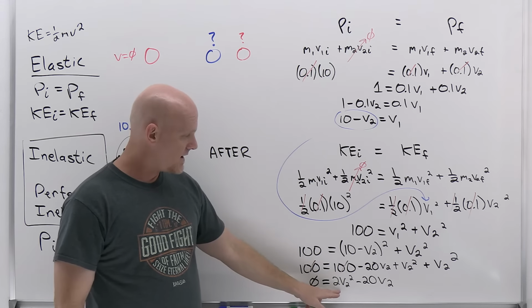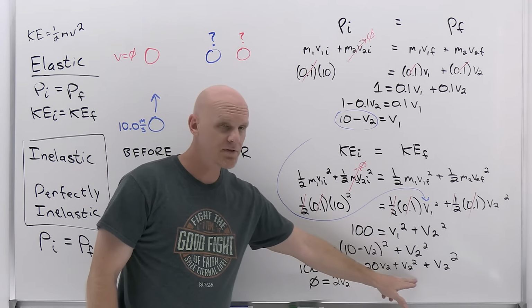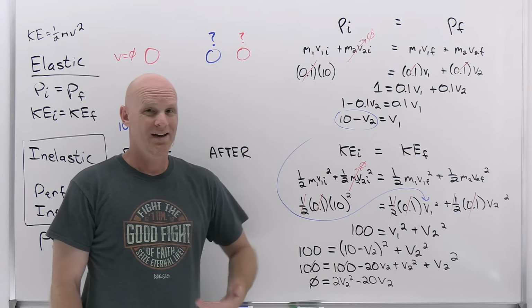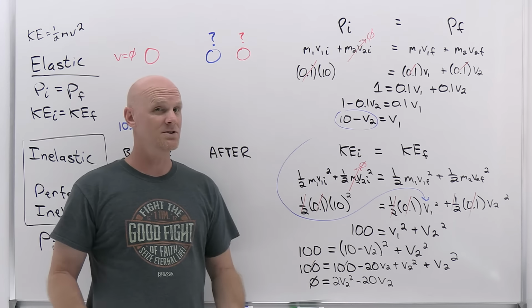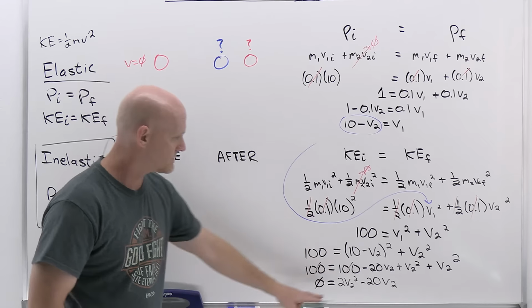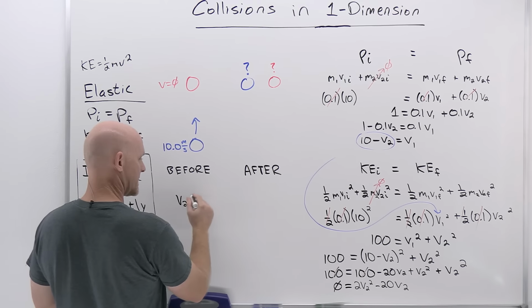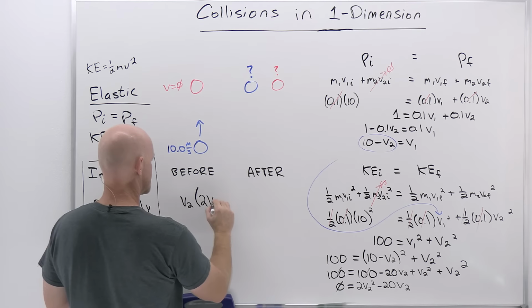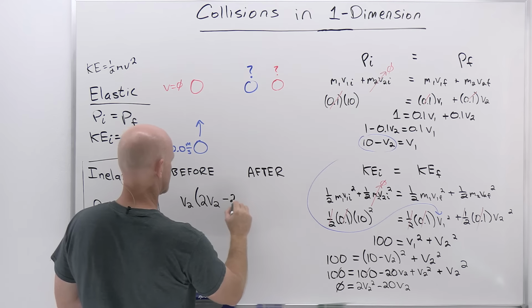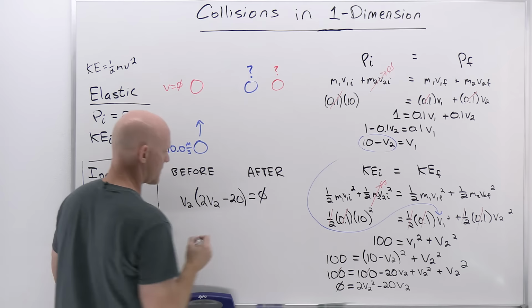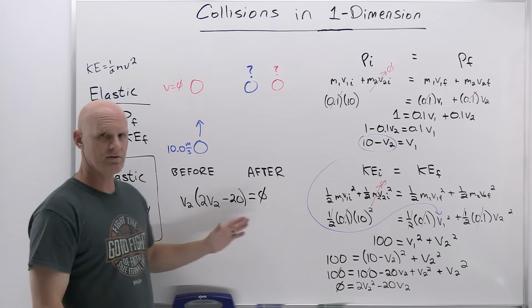We've got ax squared plus bx, but there's no c, equaling 0. And it turns out we can solve this without actually having to use the quadratic equation. So let's factor out a V2 there. If we factor out that V2, we're going to have V2 times 2 V2 minus 20, equals 0.